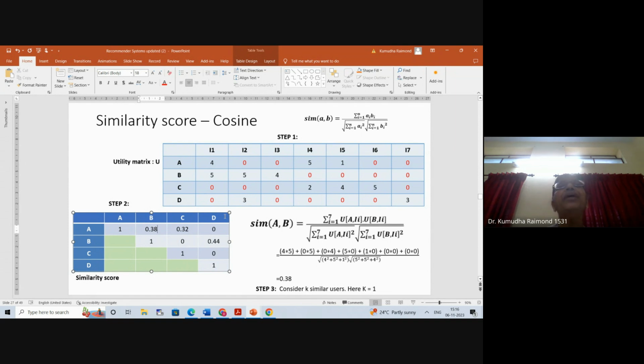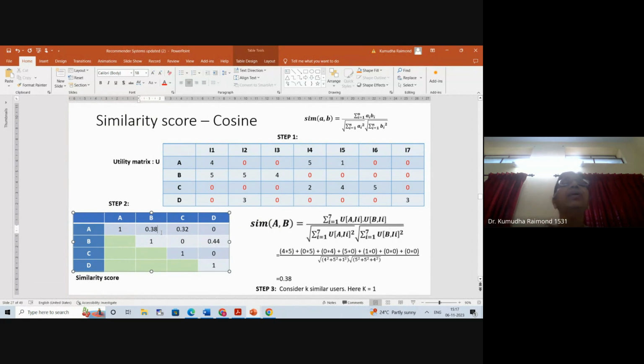So if I want to find out K similar users, for example, when I say K equal to 1, for recommending B, only D is much closer. But for recommending for A, B is much closer if I keep K equal to 1. Are you able to get it? K is the number of similar users.